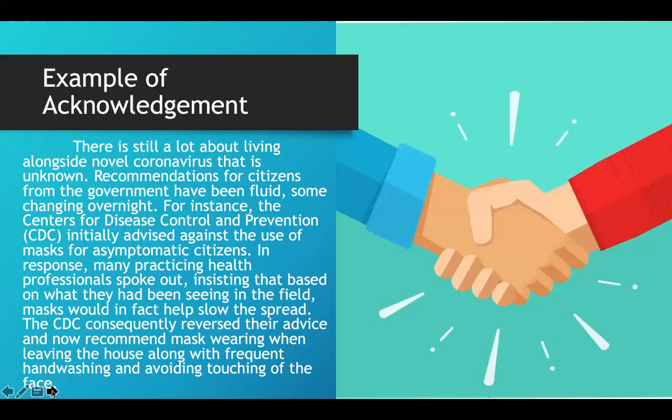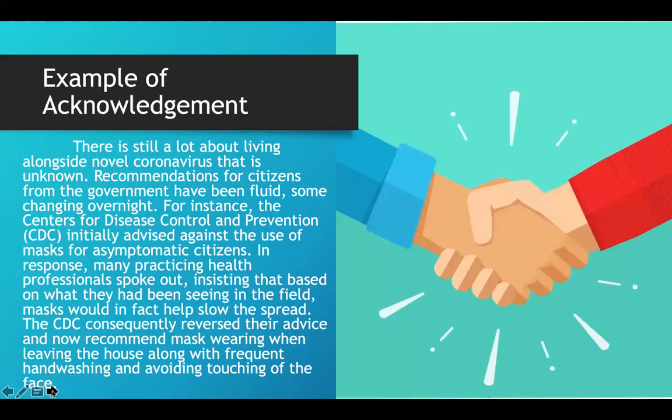So in this body paragraph or this analytical paragraph, the writer has acknowledged that there were two sides to a point and gave the reader a fair, balanced view of those two sides, right?